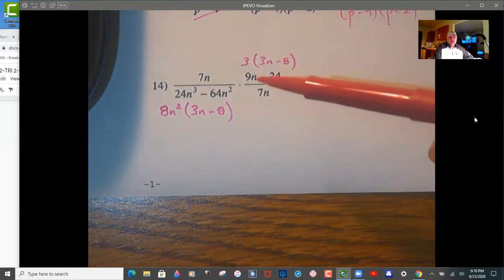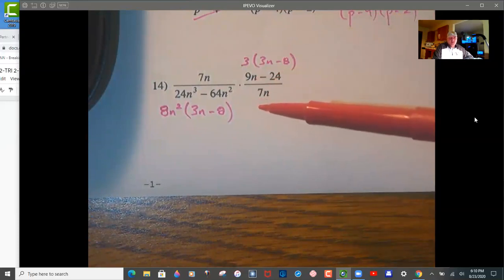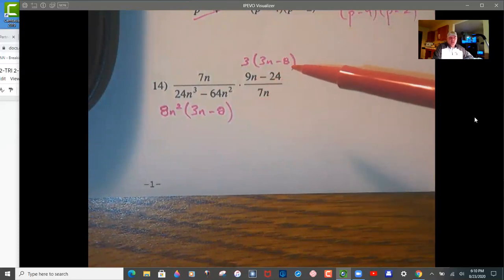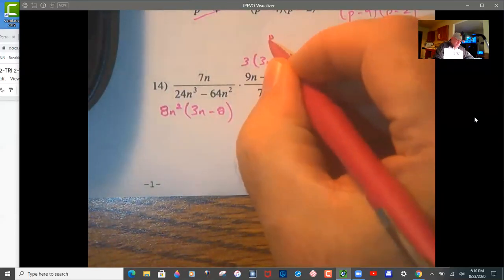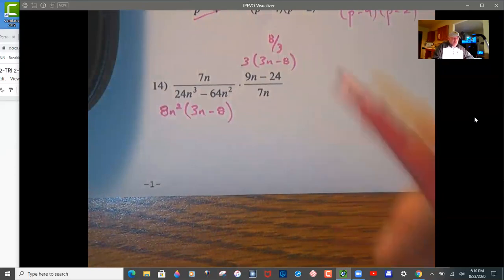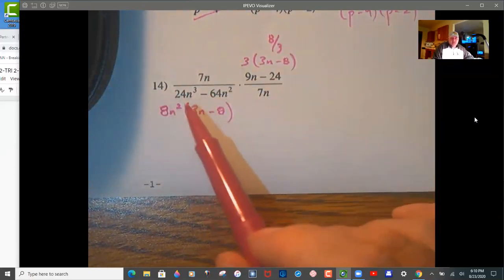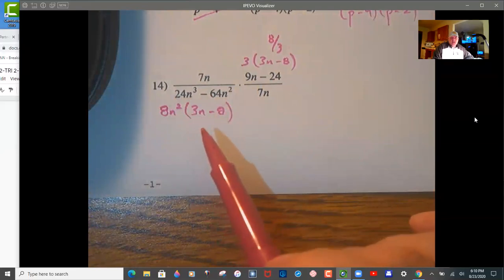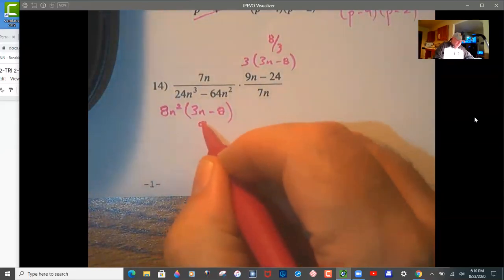I can see that. You can still run it through a zero finder, and it would actually give you 8/3. And then just remember that the zero of 8/3 writes as a factor 3n minus 8. Okay, and same thing here on this cubic down here. You actually get 8/3 and 2 and 0 and 0.